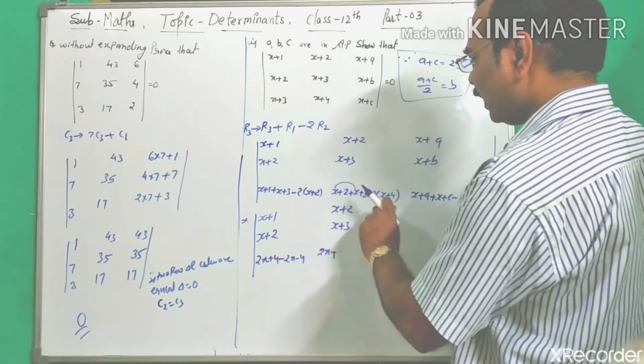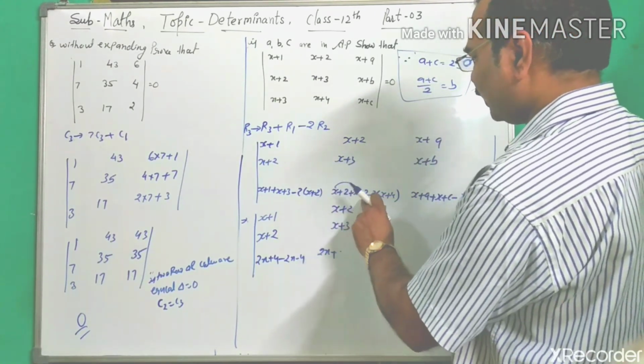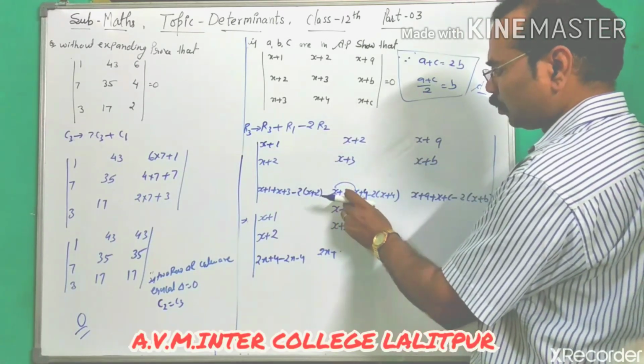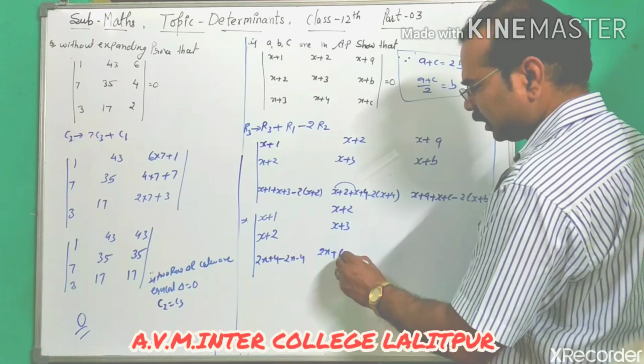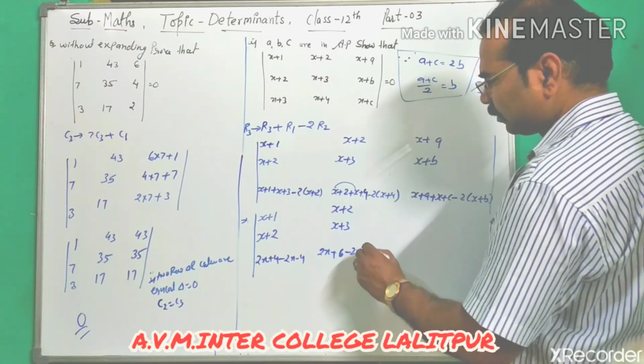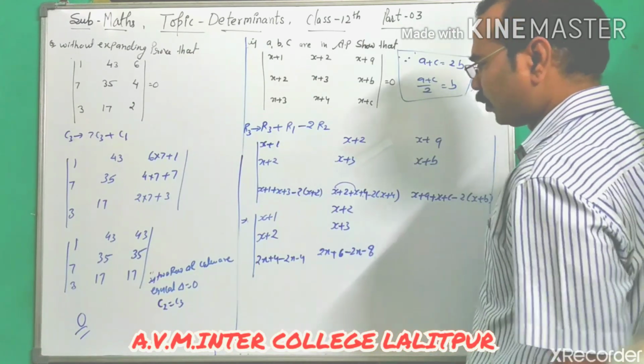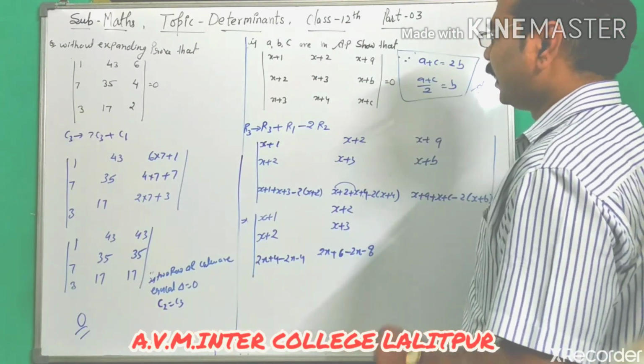Okay students, x plus 4, x plus 2, and x plus 2 plus 4 is x plus 6, and the value is 2x minus, that value is minus 8. Any doubt?